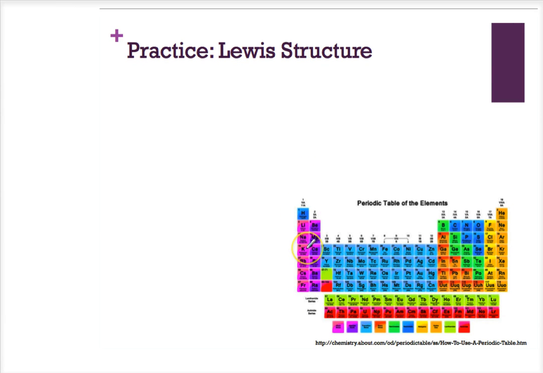Remember that elements that have the same number of valence electrons share the same or similar chemical properties. Group 2 means you have 2 valence electrons. Group 13 is where you have 3 valence electrons. Group 14, 4, all the way to group 17, you have 7. And then in group 18, you have 8 valence electrons.